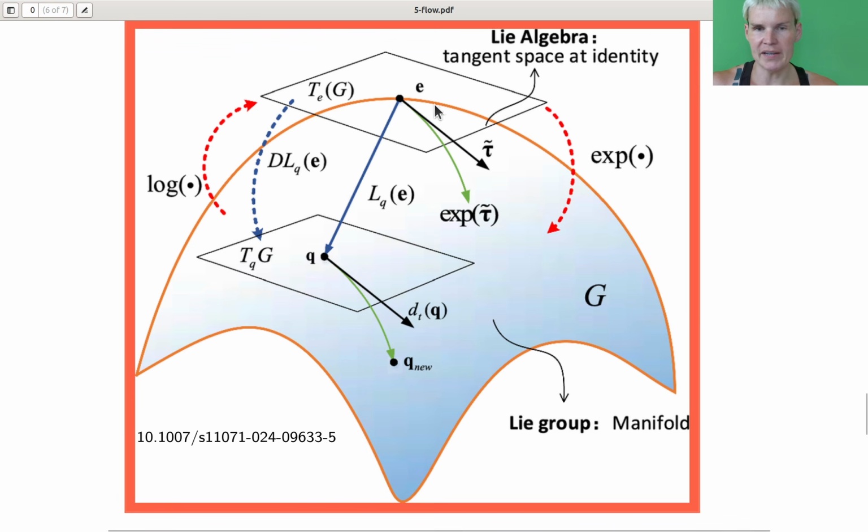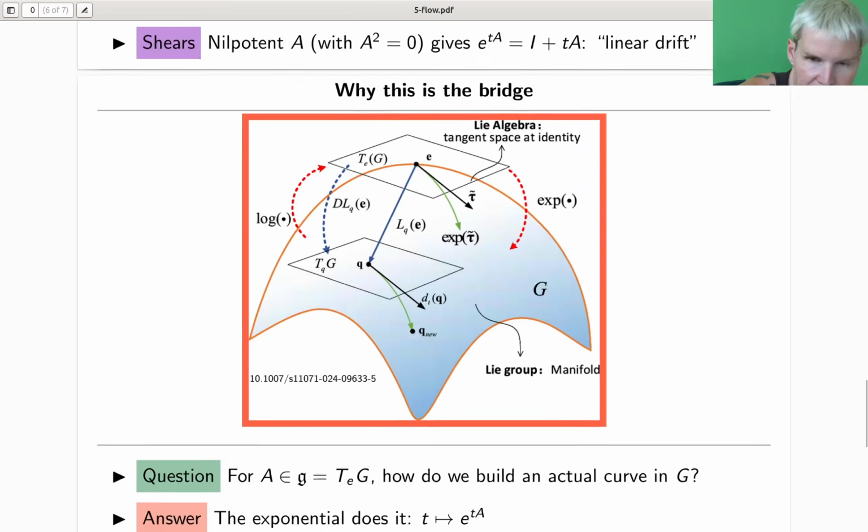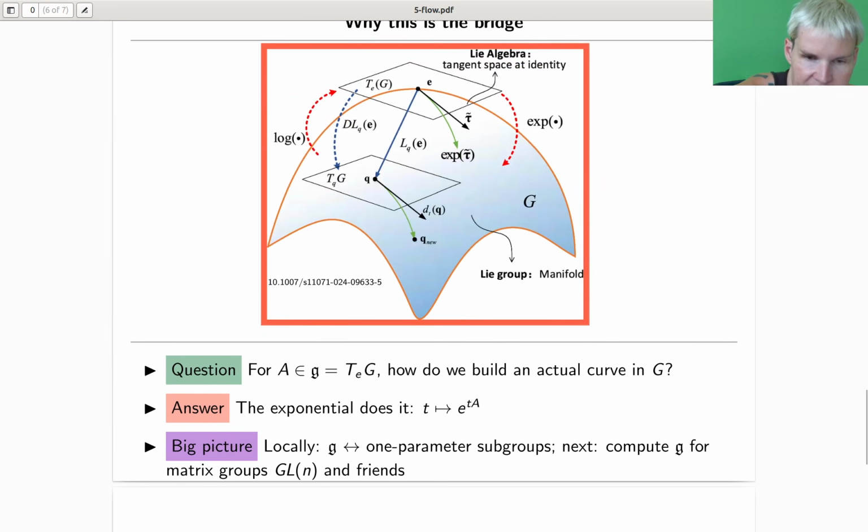So I'll try to say it again. An element in the tangent space is maybe this vector here, and you want to follow it and want to create something in your curvy space here, in my little blob curvy space. And the way to do this is, well, there are plenty of ways, but the universal way in a certain sense to do this is to just exponentiate it using the exponential map, and it gives you this nice little picture.